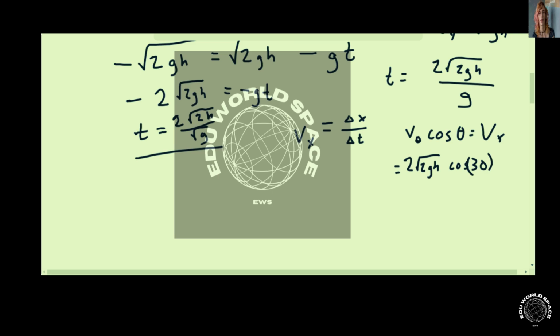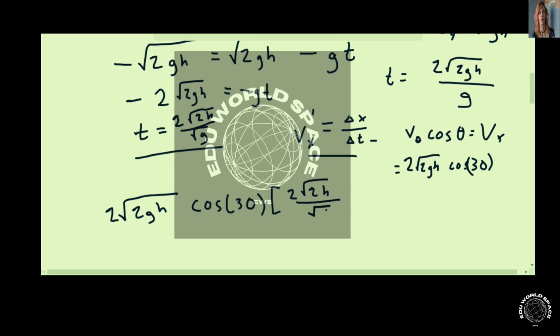So plugging everything in and rearranging this formula around, we have 2 root 2gh times cosine of 30. And then putting this time over to this side, we have times time, which is 2 times root 2h over root g, is equal to delta x.